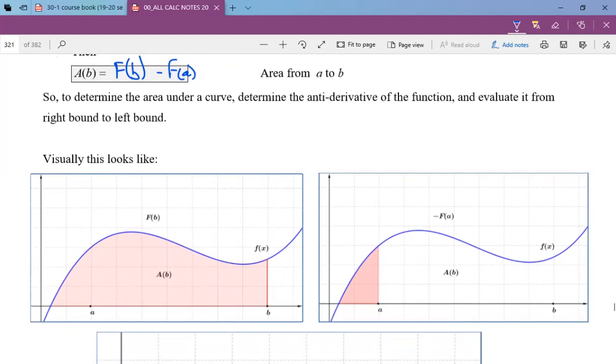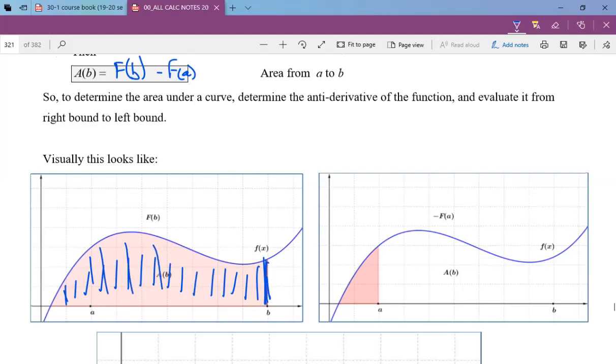What it looks like is F at b is the area of everything left of b, and everything to the left of a is F at a.